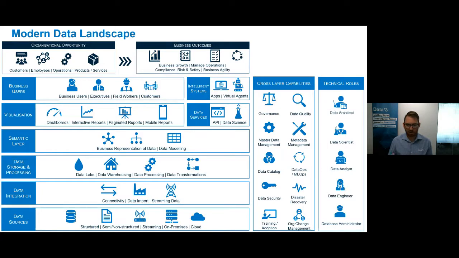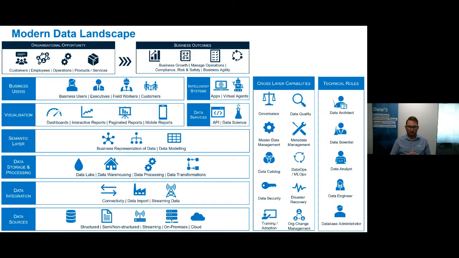Again, we're focusing on the data sources layer right at the bottom there and getting those right, which might also mean modernising that to the cloud. Beyond that, it's an enabler for integration and data processing to enable analytics, visualizations, data science, intelligent systems, and so on. And most importantly, we are considering our business users and what they need to do, aligned to those opportunities and outcomes, as well as the technical roles to support that.